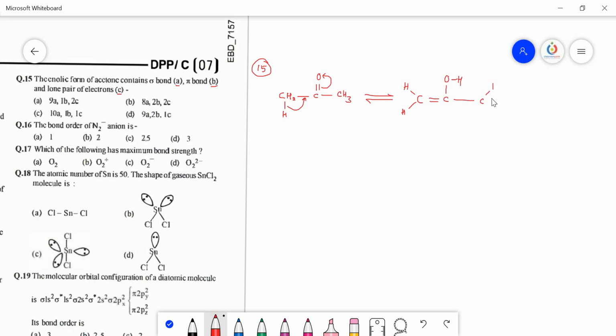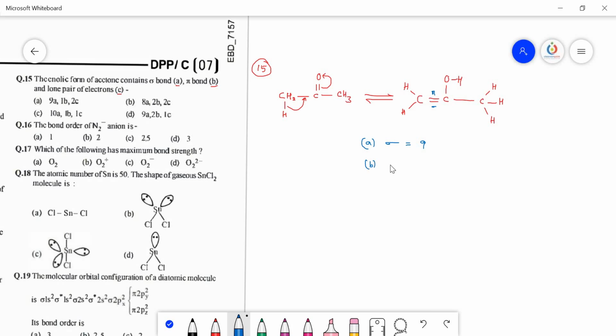I'll write those hydrogen atoms also separately in order to calculate the number of sigma bonds and pi bonds very easily. Let's try to calculate the sigma bonds, which are defined as A. 1, 2. In a double bond, one is a sigma bond, one is a pi bond. This is sigma, this is pi. So 1, 2, 3, 4, 5, 6, 7, 8, 9. 9 sigma bonds are there.